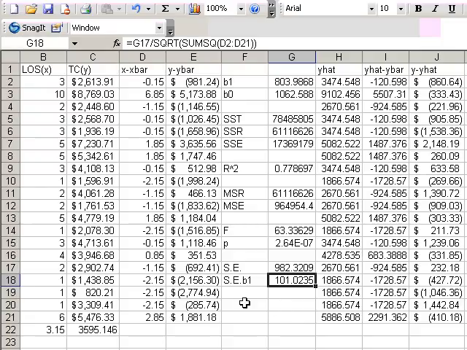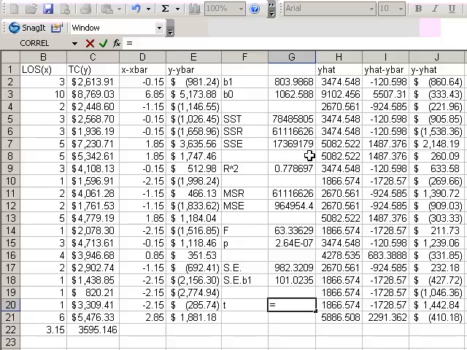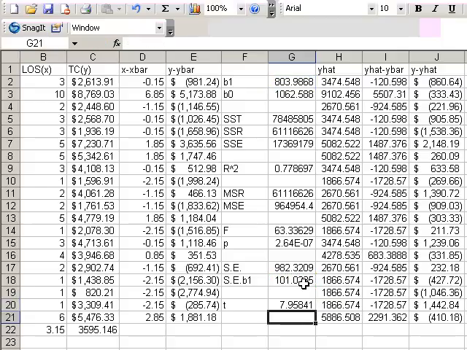Now the t-test is essentially just the value of the coefficient B1 divided by its standard error. So here we have t is equal to 803 divided by 101, or 7.96.